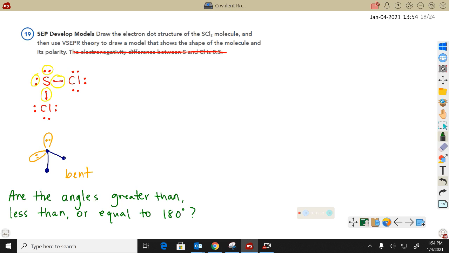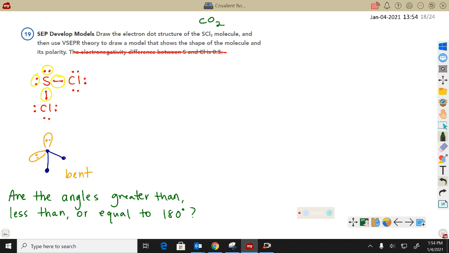I've got one central atom and I got two atoms around the outside. 180 would be linear, right? Well, we know linear is 180. Well, we have to just know here that, whoa, wait a second. Even though this formula might look something like CO2, where there's one atom in the middle and there's two atoms on the outside.